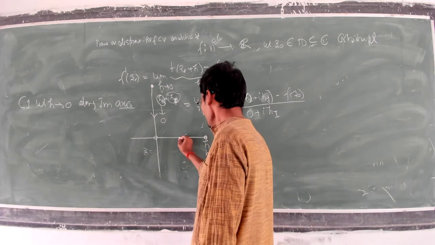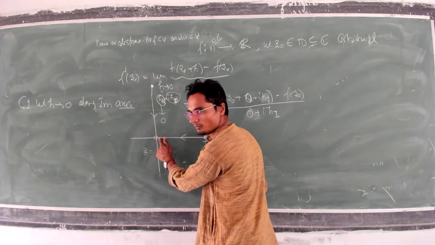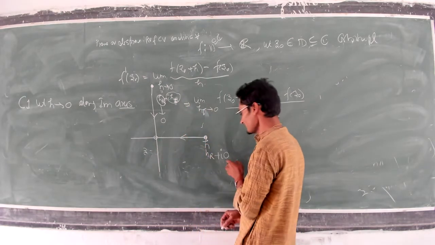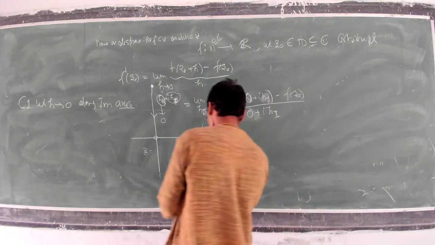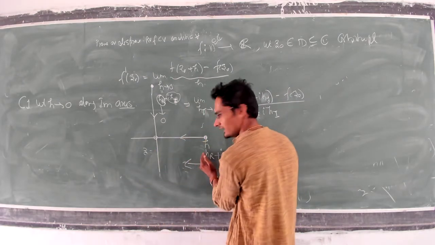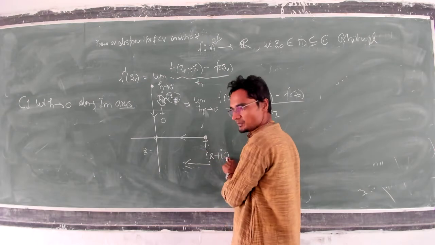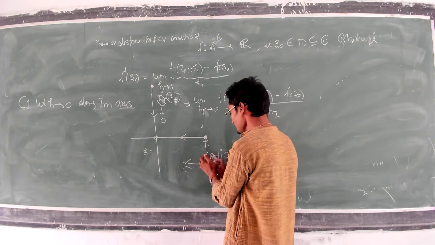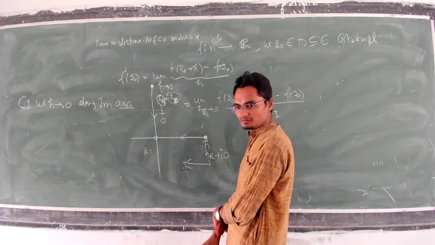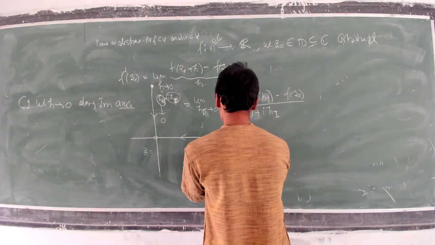You are saying h tending to 0, this implies that the real part is already 0. Meaning, this is the h, and the real part is 0. So h tending to 0 means the imaginary part should go to 0. So what will be your definition?